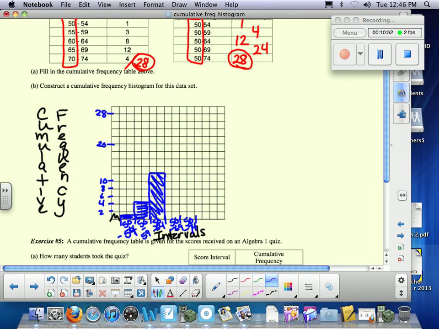And again, you do not have to color them in. The important piece is that the outside edge is visible and very clear.